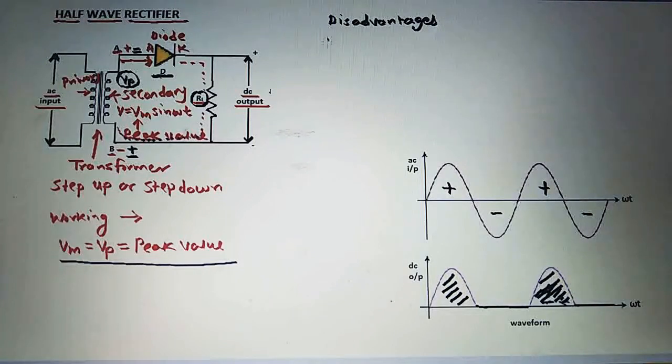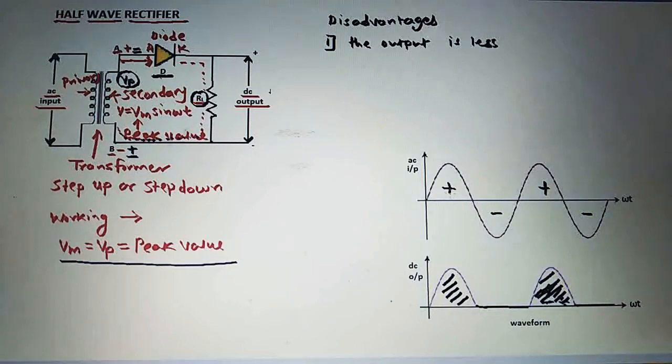So the first disadvantage of half wave rectifier is the output of a half wave rectifier is less. Why is it less? Because in a half wave rectifier, we get the output during only one half cycle.